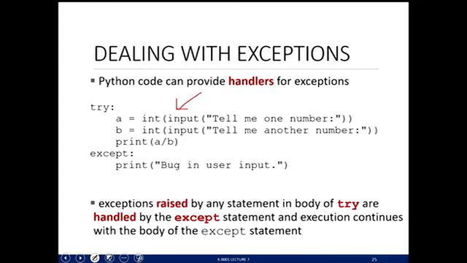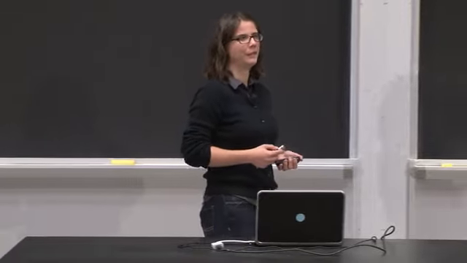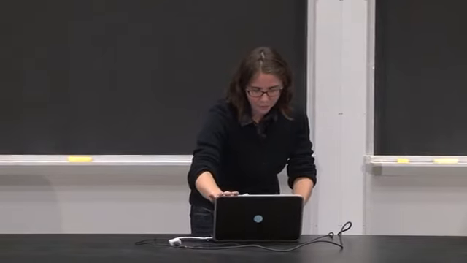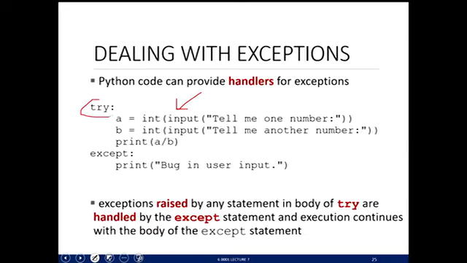You tell them to give you a number, they might give you their name. Nothing you can do about that. Or is there? Yes, there is. So in your program, you can actually put any lines of code that you think might be problematic, that might give you an error, an exception, in this try block. So you say try colon, and you put in any lines of code that you think might give you an error.